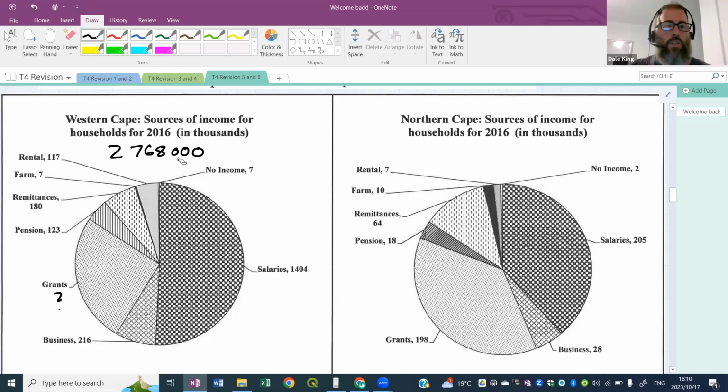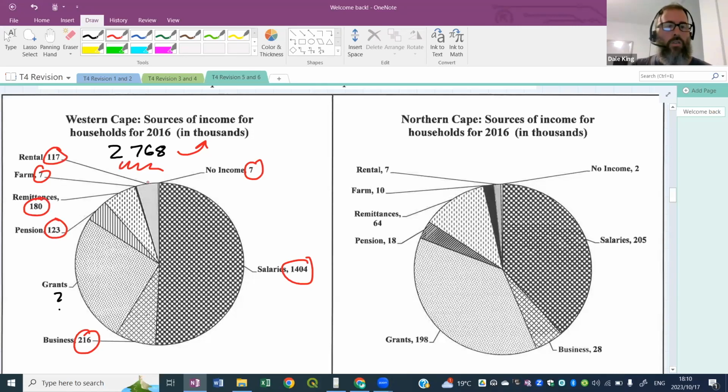So if I cross off a thousand or 3 zeros from this number, we'll get 2,768. All right. So 2,768 in thousands is 2.768 million. All right. So this number 2768 makes more sense now, because if I look at all these numbers on the graph, all of these, right, should add up to this total here, which it does now.